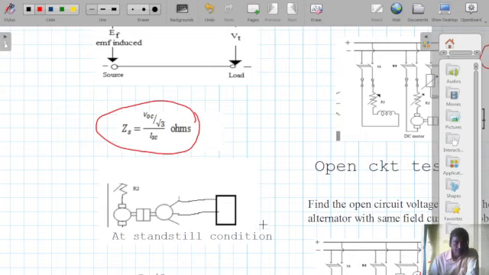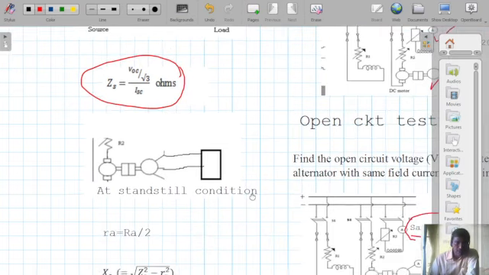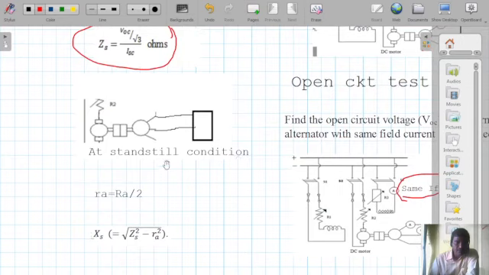Now its real part, which is the armature resistance, can be obtained just by measuring the armature resistance. But if I connect this multimeter in ohm mode, the two terminals will get double of the winding resistance, because the machine winding is connected in star fashion.